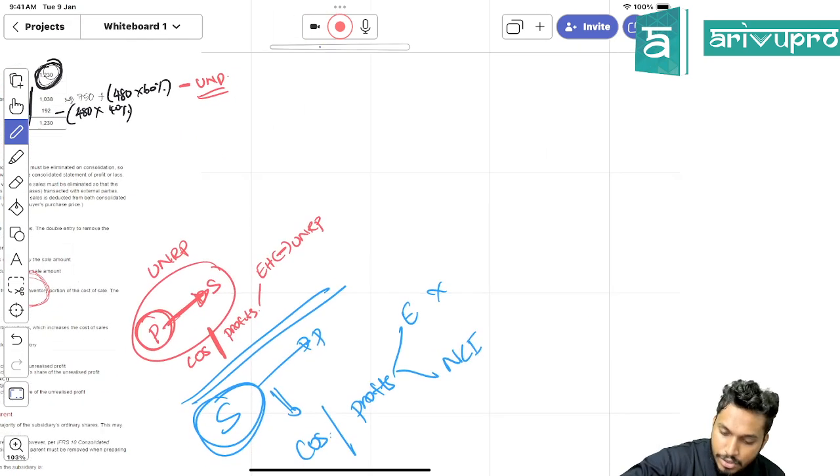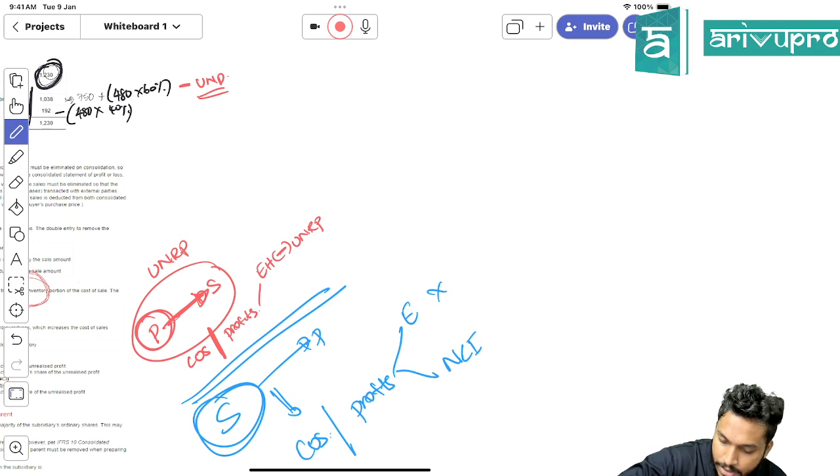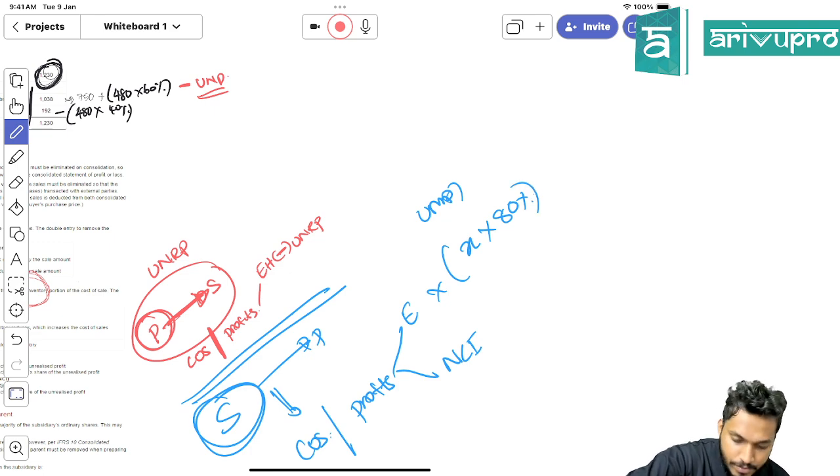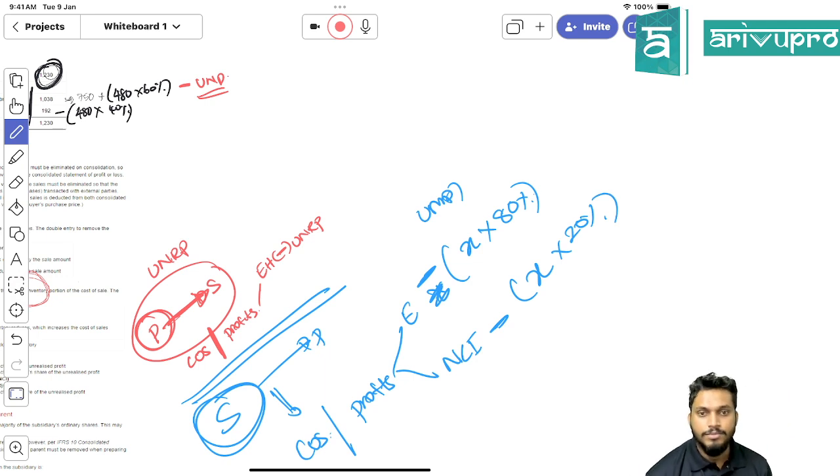For example, let's assume your unrealized profits is X, and let's assume 80% for equity holders needs to be deducted. You need to deduct 80%. From non-controlling interest, unrealized profits into 20%. It depends on the ratio that they are giving. I am just taking 80%.